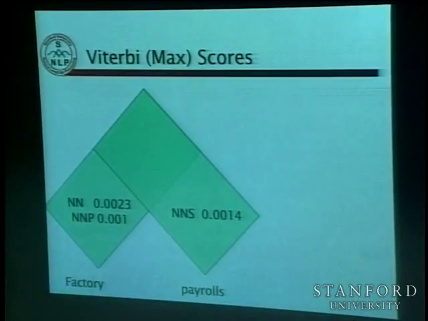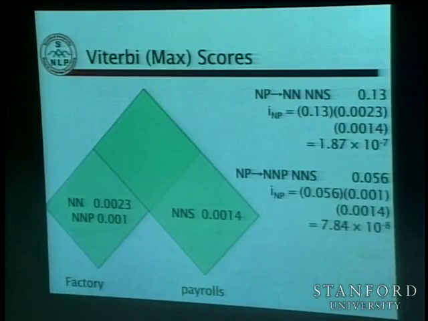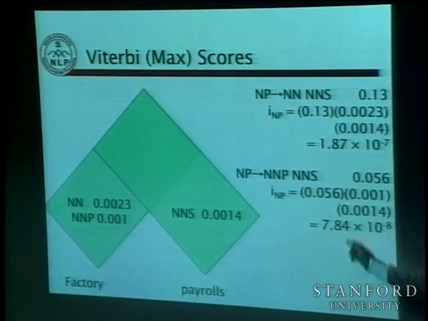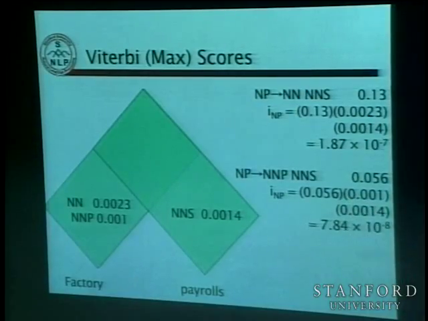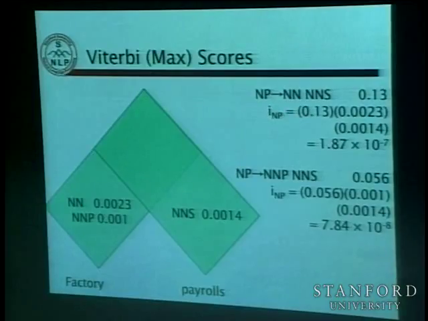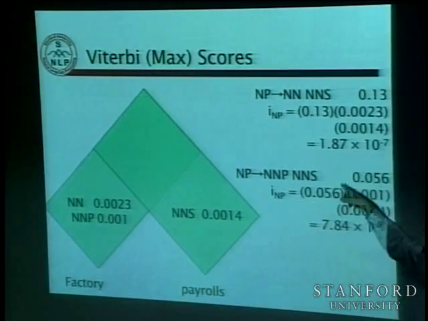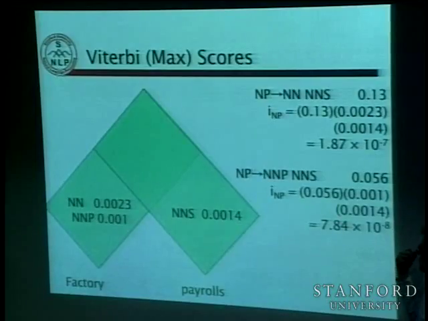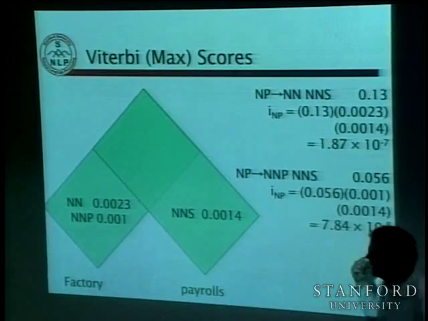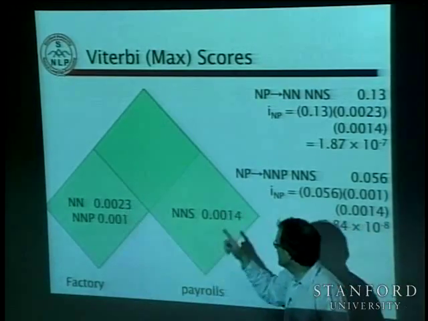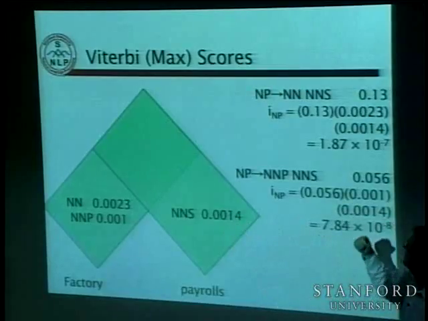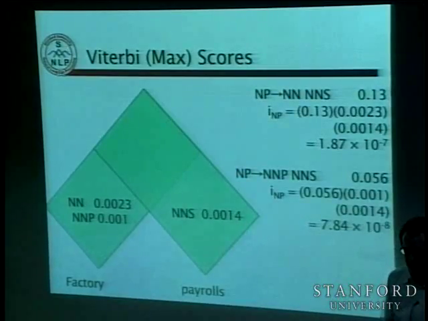Okay, so here for this example, there are two ways in this simple little grammar I showed in which you can build a noun phrase, essentially using what's here. And so you can write down, okay, I can build a noun phrase. There are these two ways of making it, and we can work out the probability of each one by multiplying what's here, multiplying what's there, and then multiplying by the probability of the rule in the grammar.